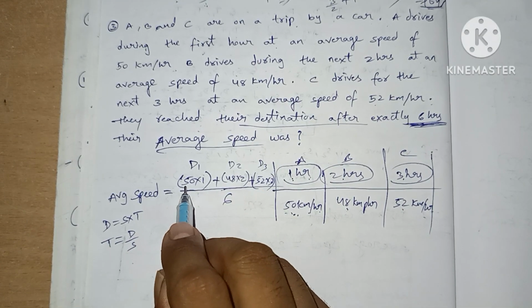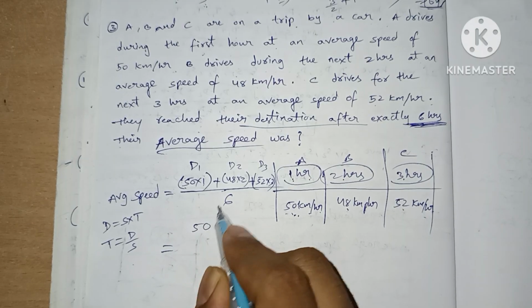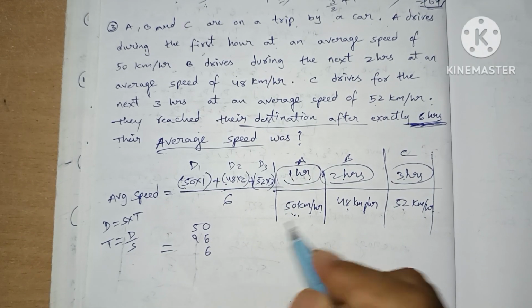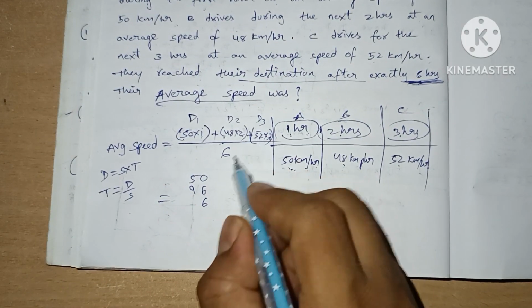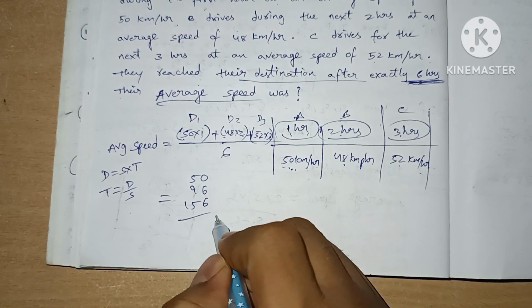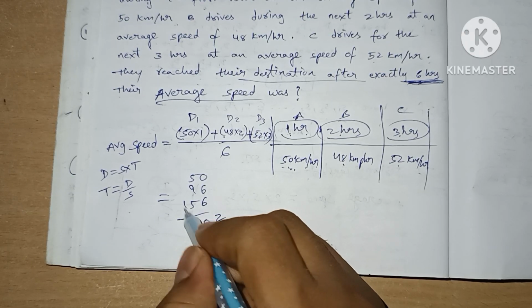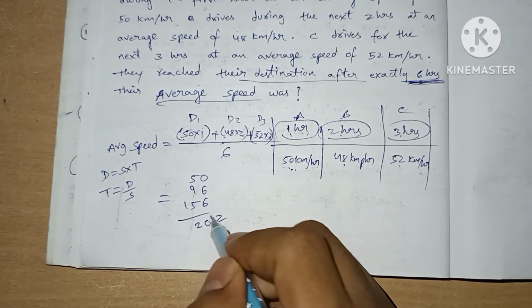Okay, now we get 50 into 1 is 50. This will be 96, since 48 into 2 is 96, and 52 into 3 is 156. Adding, we get 302.